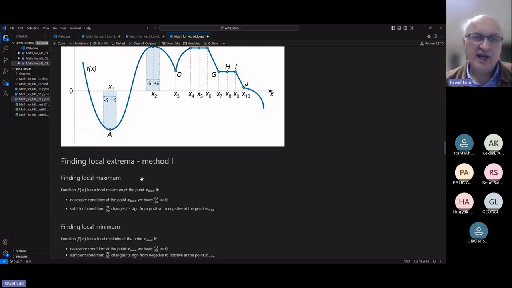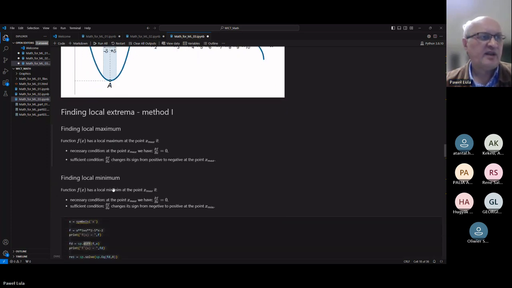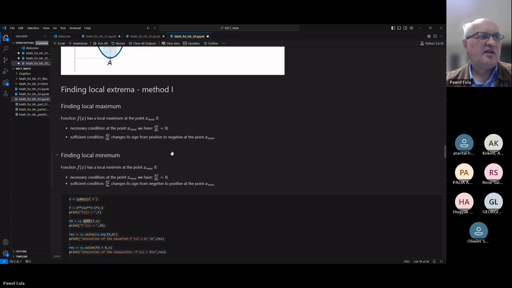So now we are talking about finding local extrema values. So how to find a local minimum? Maybe first, how to find a local maximum.